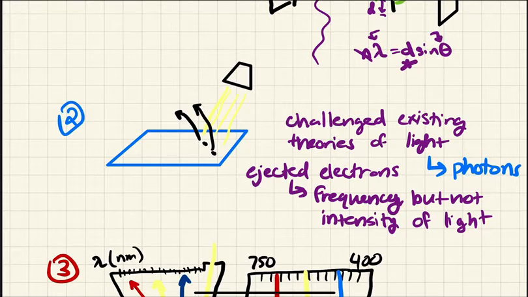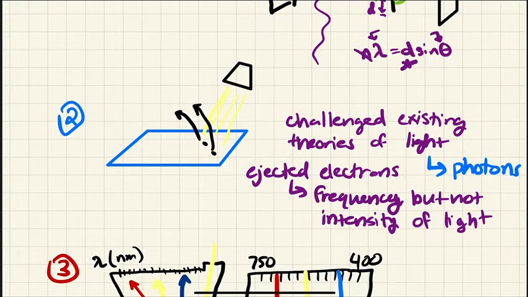So in this type of experiment called the photoelectric effect, it was observed that when light of a specific frequency is shown on some sort of metal surface, electrons can be ejected from that metal surface. And so that is what's being represented here, light shining on the metal surface and some number of electrons being ejected out of the metal because of the incoming light.